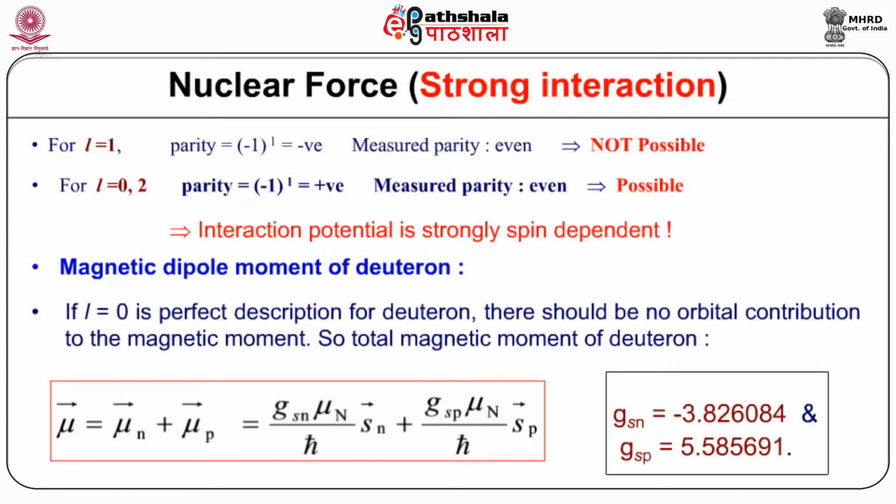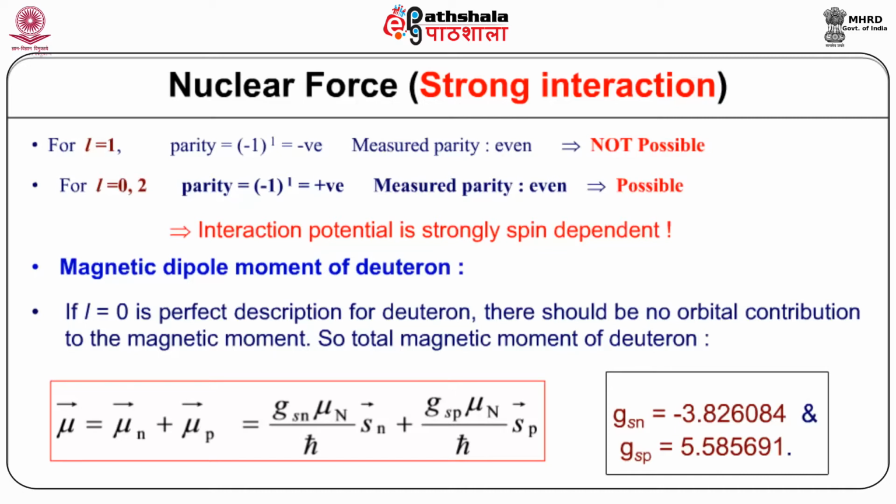The magnetic dipole moment is given by this expression. It states that if we consider that the neutron ground state has L = 0, then mu_L, the magnetic dipole moment due to the orbital motion, has to be 0.